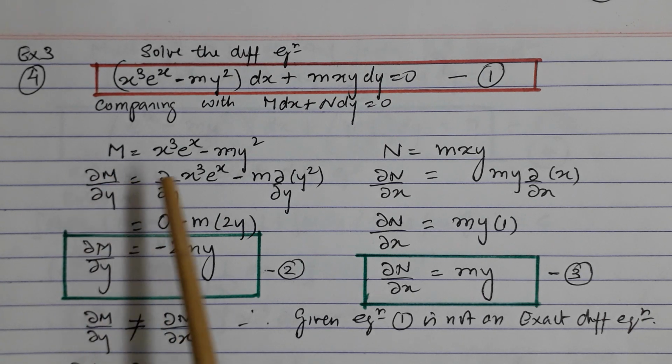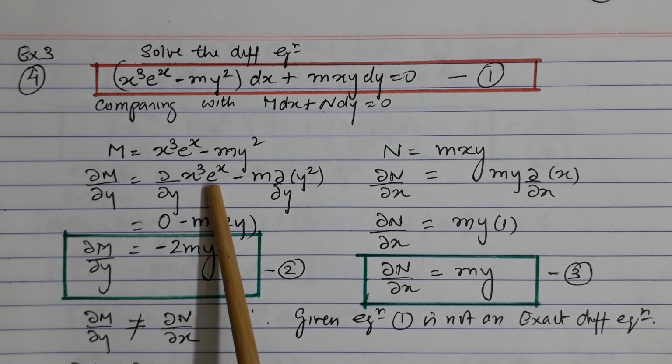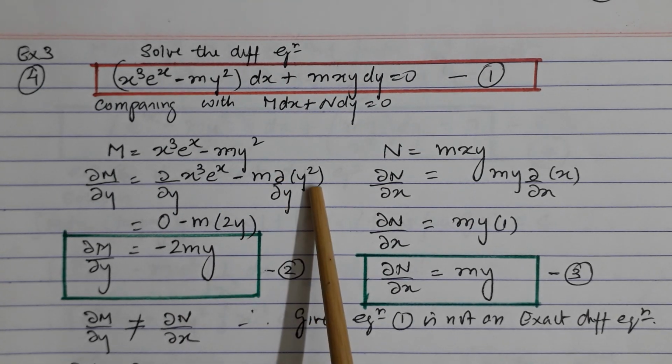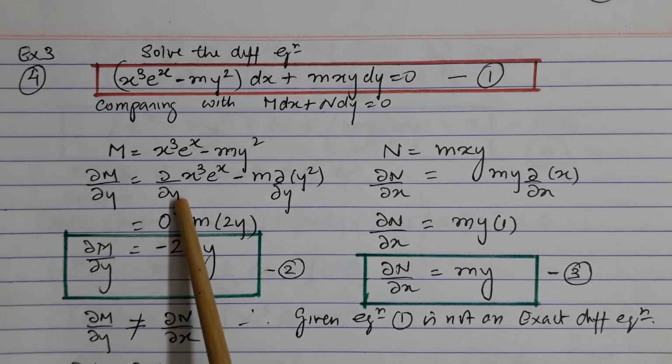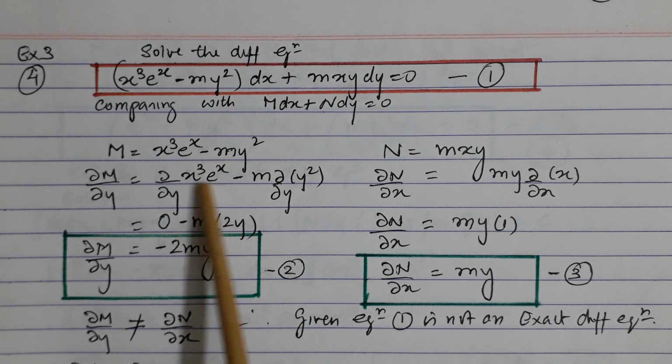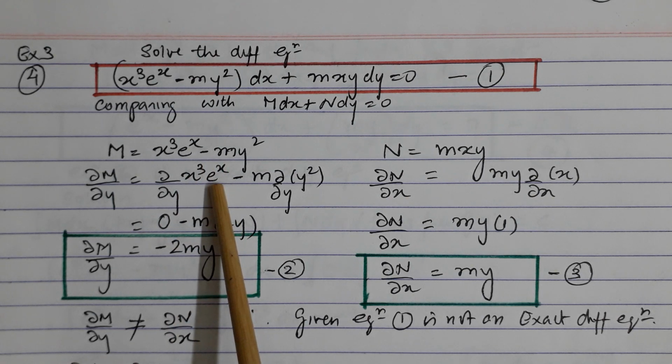Therefore, ∂M/∂y = ∂/∂y of x^3 e^x − m ∂/∂y of y^2. Now whenever you're differentiating partially with respect to y, you have to treat x as a constant.